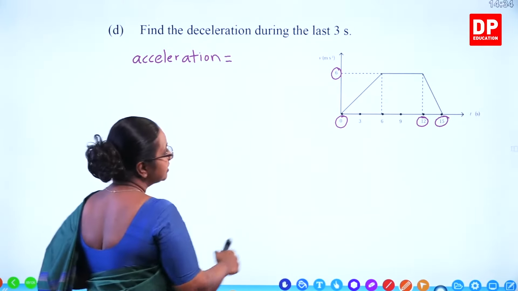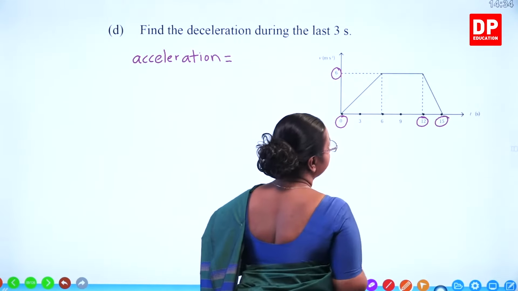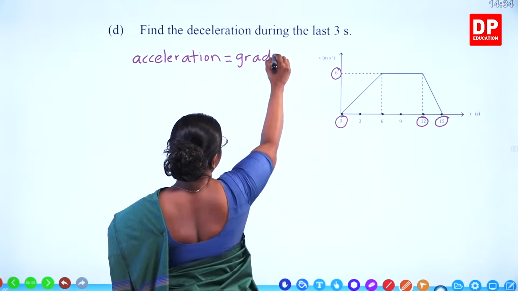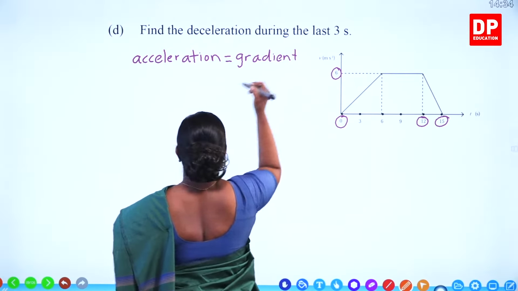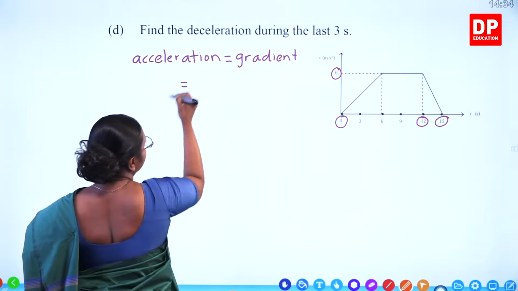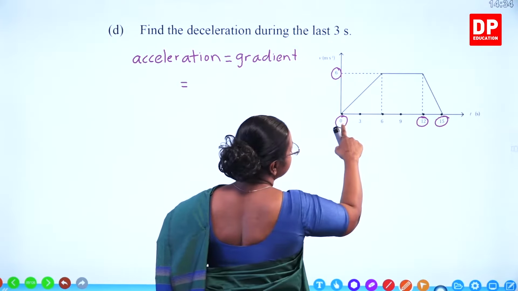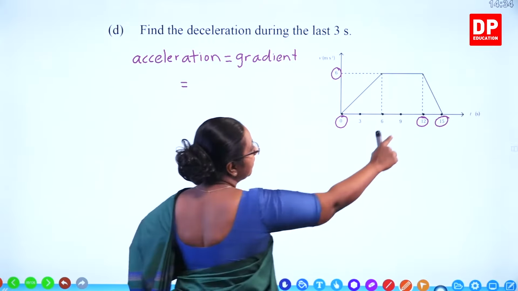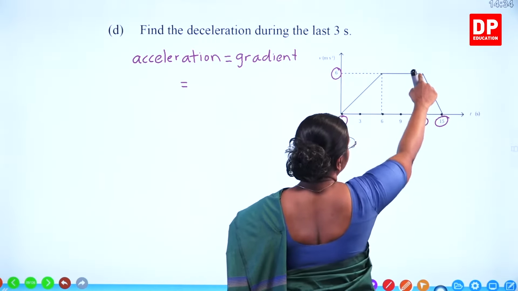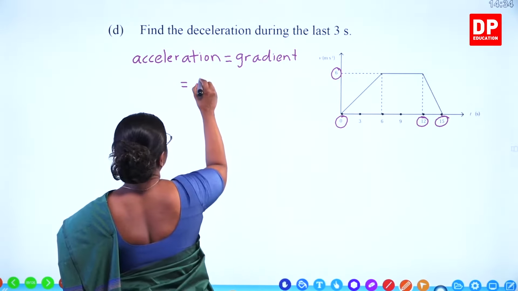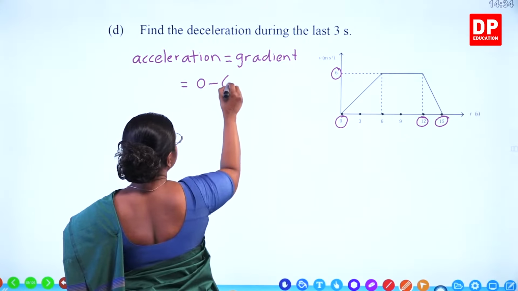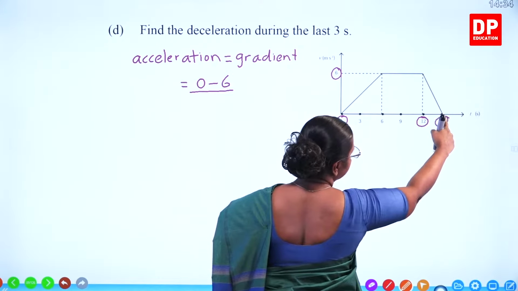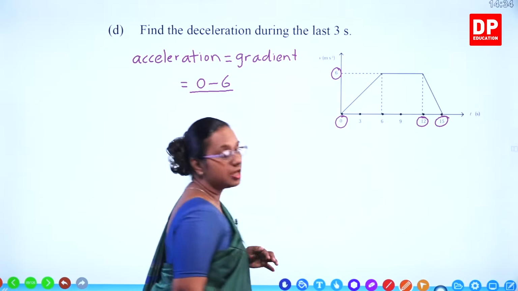Acceleration equals the gradient of this graph. So, we write it as gradient, and that is equal to, here you can see the final minus the initial. The final value is 0, initial value is 6. So, 0 minus 6 divided by the time is final 15, initial 12.